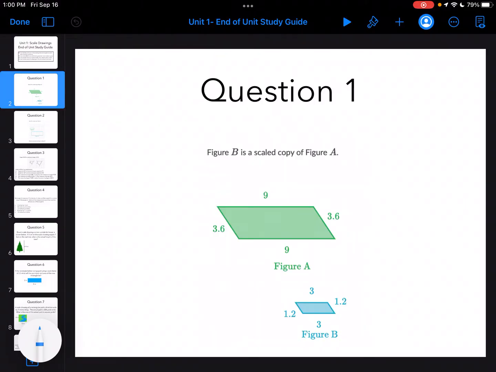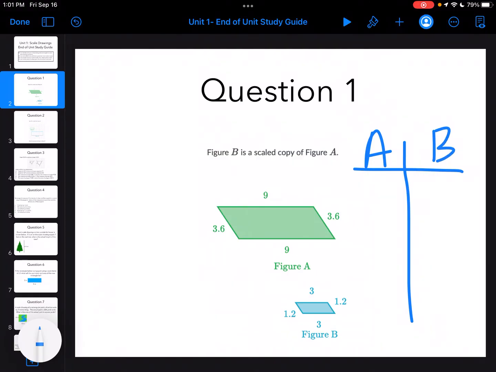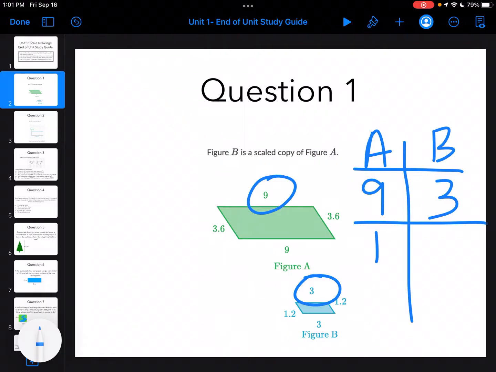So question 1, if we have a figure B that is a scaled copy of figure A, they want to know what the scale factor is. So I'm going to make myself a table, and I've got my figure A, and then I've got figure B, and I'm going to mark my two corresponding sides, so 9 and 3, and then I'm going to put a 1 on the figure that they're wanting to go from.